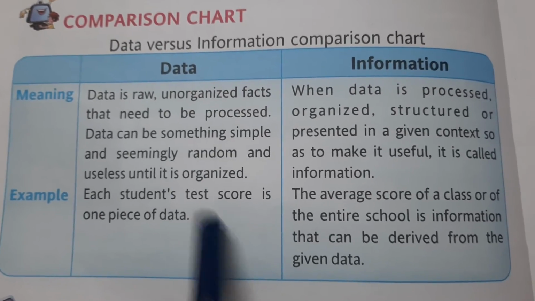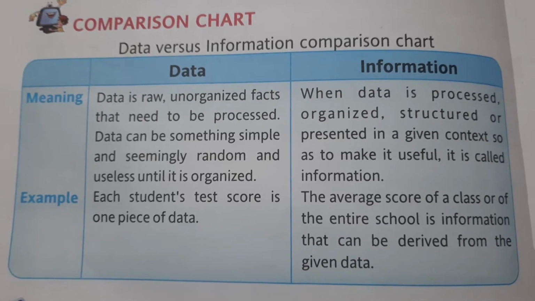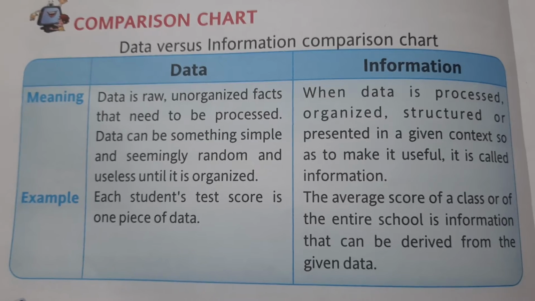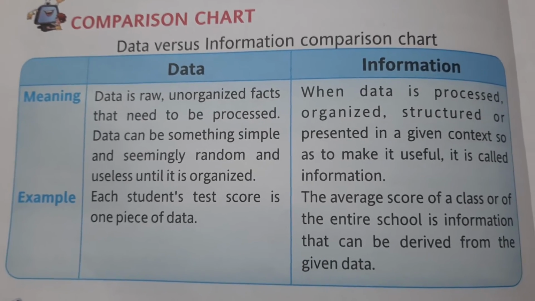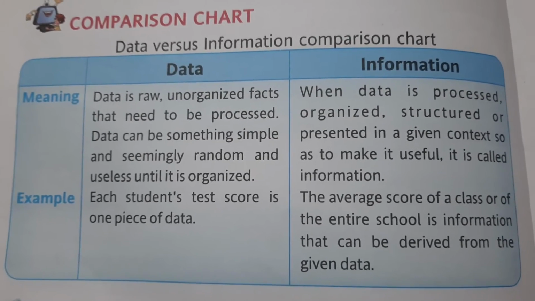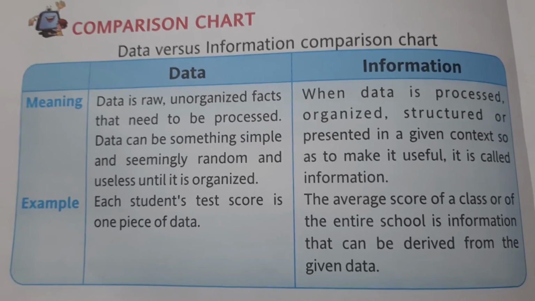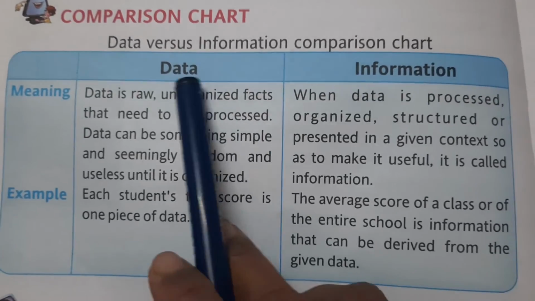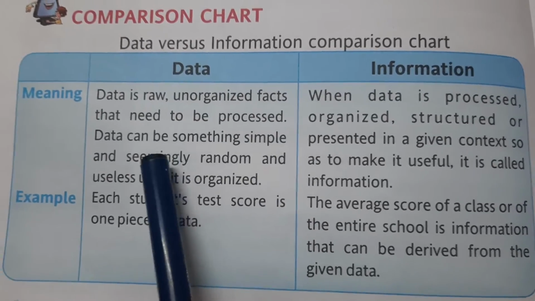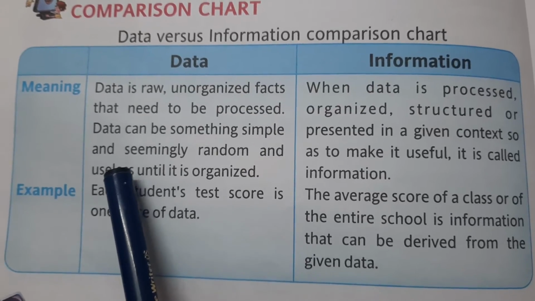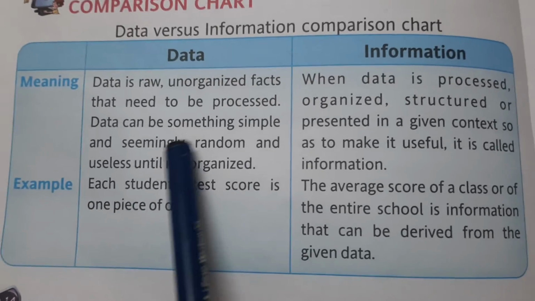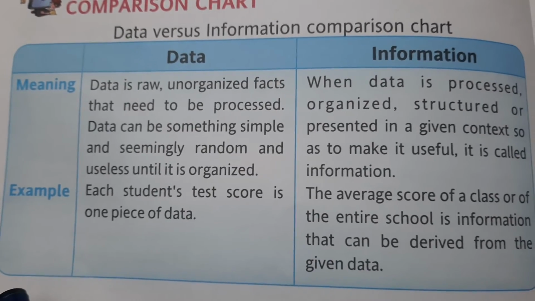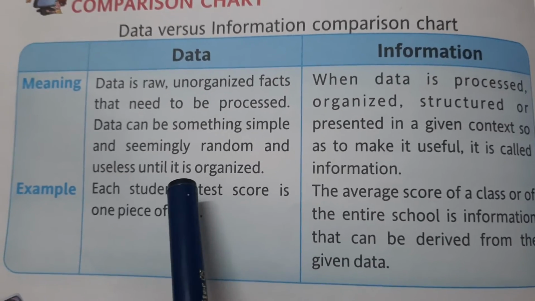Means data is raw, like we call vegetables raw. In their natural form they are raw, but when we cook them, they turn into a curry which we can have. So data is raw and unorganized, and we process the data so that we get organized information. They are simple and seemingly random, and as such they will look random and useless unless they are organized.